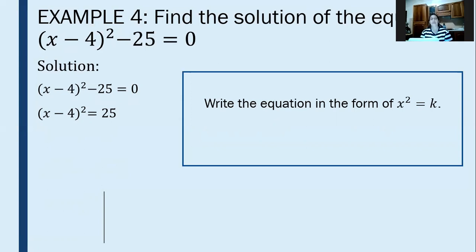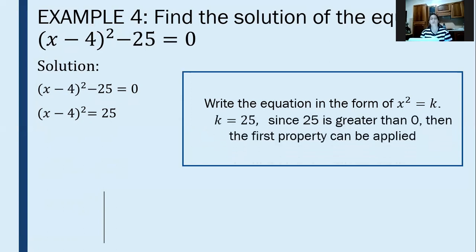Since x minus 4 is expressed in square, we have to square both sides of the equation by extracting the square root. Here k is equal to 25. Since 25 is greater than 0, the first property can be applied.